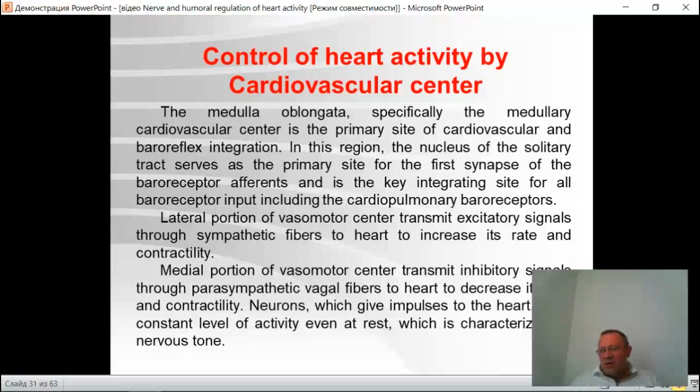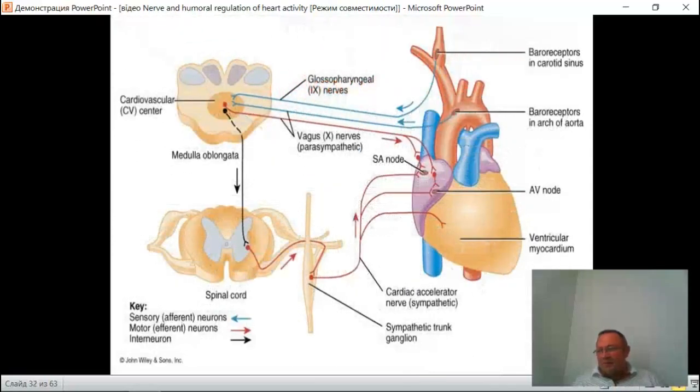The medial portion of the vasomotor center transmits inhibitory signals through the parasympathetic vagal fibers to the heart to decrease its rate and contractility. Neurons which give impulses to the heart have a constant level of activity even at rest, which is characterized as nervous tone.